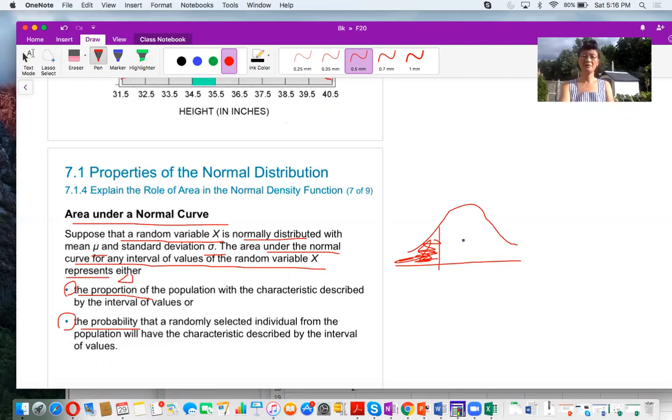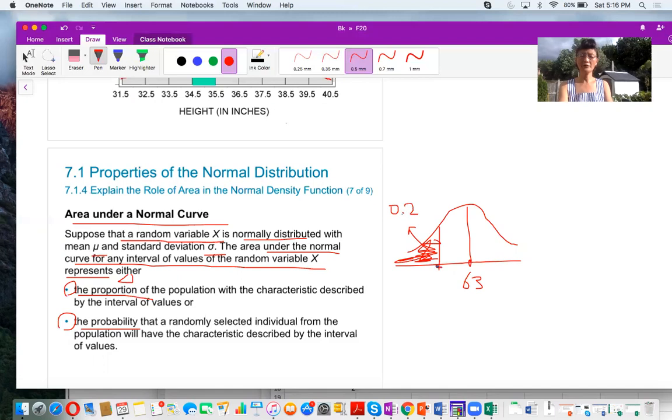For example, during a test, the mean value is 63. Okay. The mean value is 63. And this area, suppose, is 0.2.